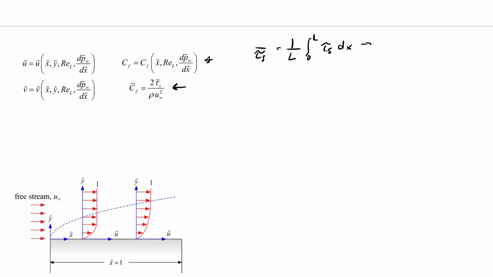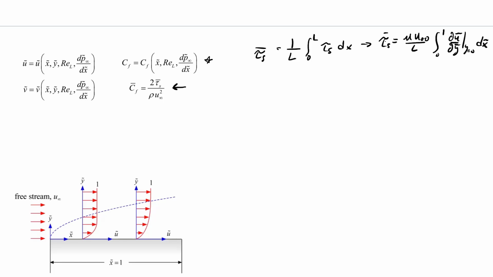Writing this specifically for this equation, tau s bar is equal to mu u infinity over L, integral from 0 to 1, now with our normalized variable, of du tilde dy tilde at y equals 0 times dx tilde. So that's our average shear stress for the normalized equation using the definition of shear stress.